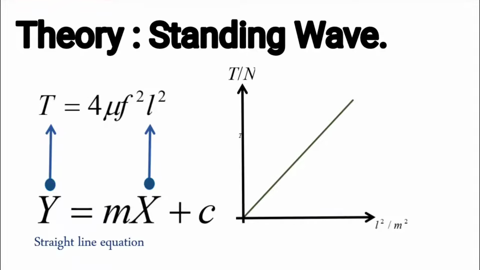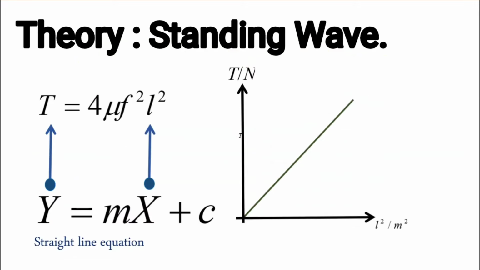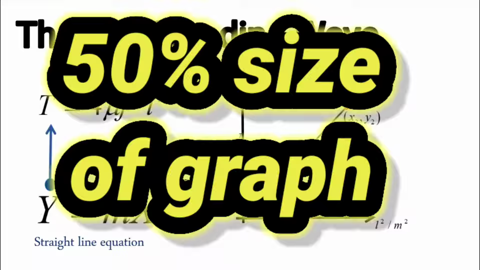When plotting your graph, make sure that the graph occupies at least 80% of the graph paper. Coming back to the straight line equation, the gradient of the graph will be equal, m equal to 4 mu f squared. Choose 2 points on the line and draw a right angle triangle connecting the 2 points. Make sure the size of the triangle is at least 50% of the size of the graph.